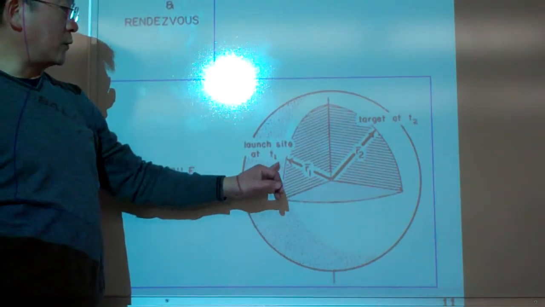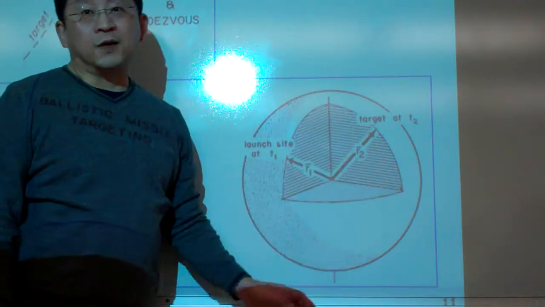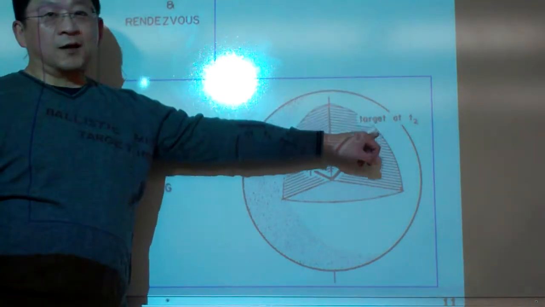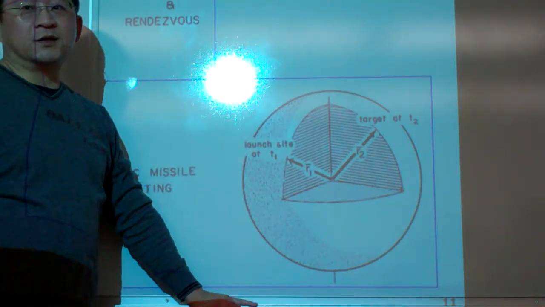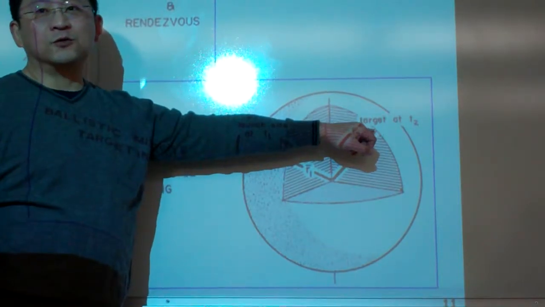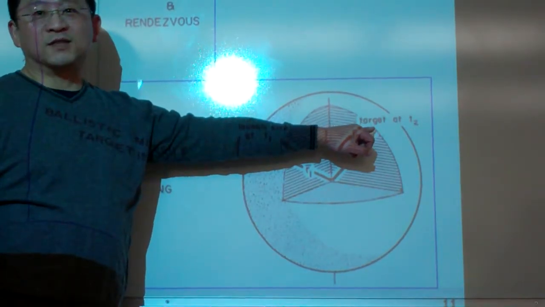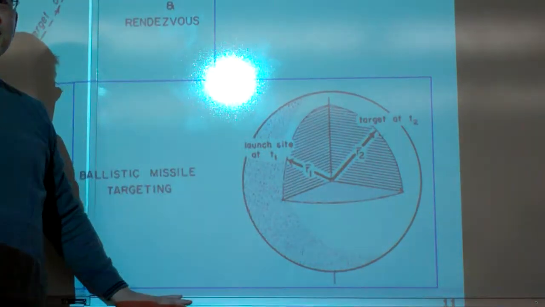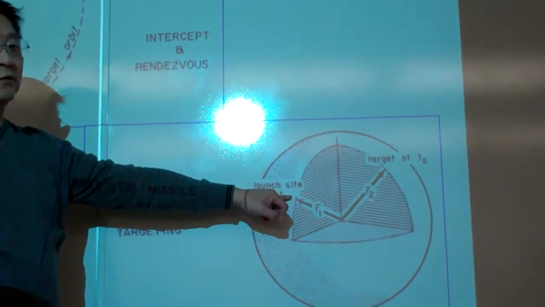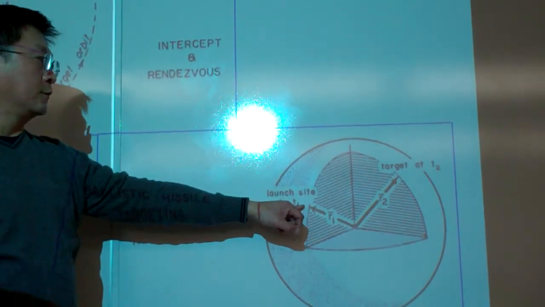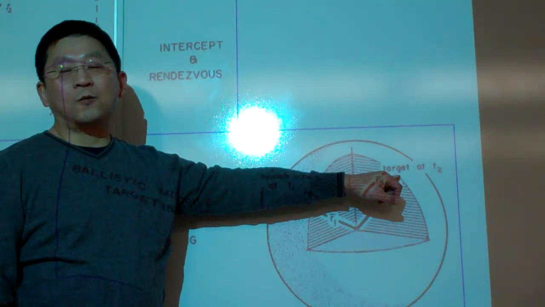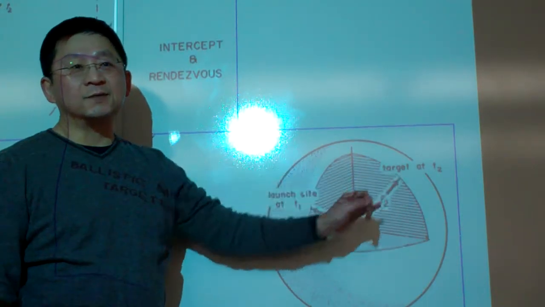For this problem, if we are given R1, R2, and also the time of flight, which means 25 minutes of free flight in space to target the ballistic missile, then we will be able to calculate how much fuel, how big the rocket needs to be to complete this mission, and from there we can know the impact velocity.